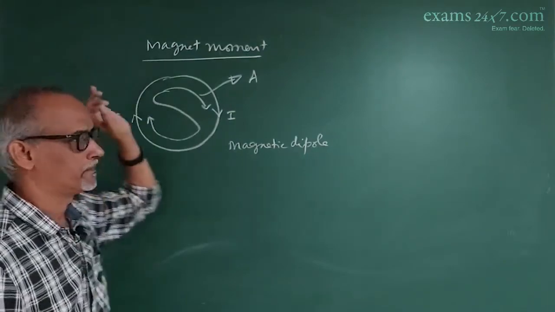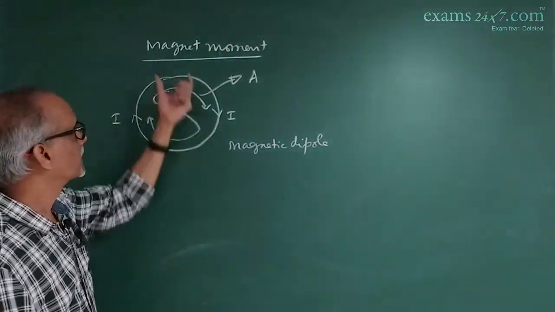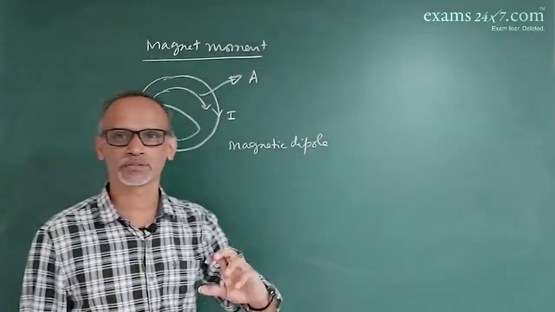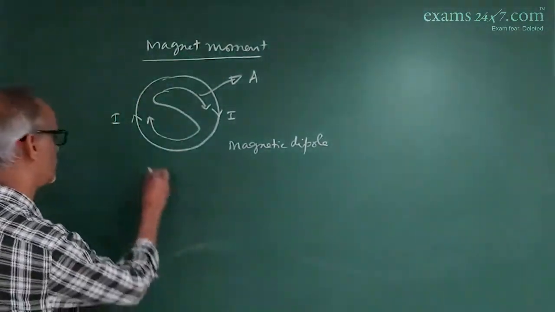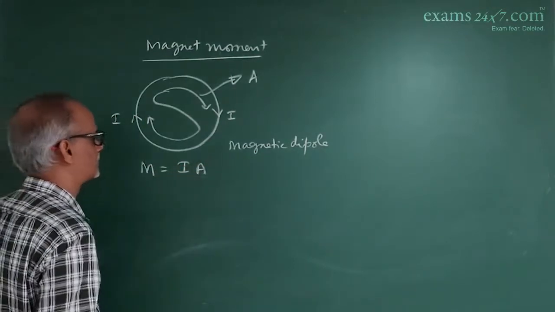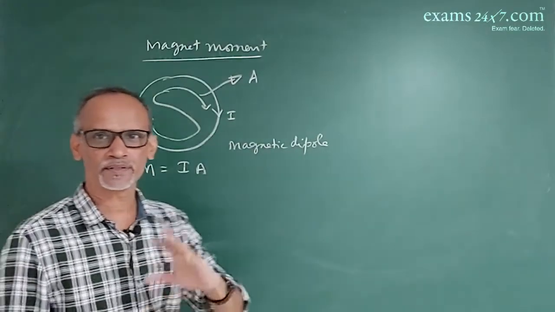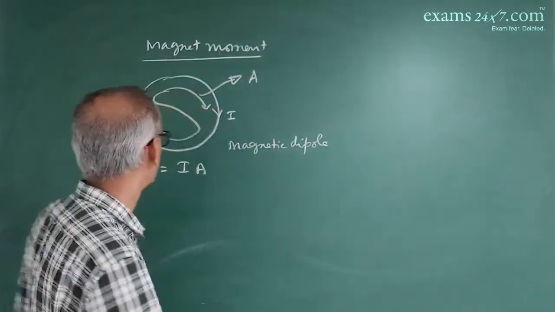And the magnetic moment of such a magnetic dipole is given by M is equal to I into A. I is the current through the loop, A is the area of the loop. It is independent of the shape of the loop.